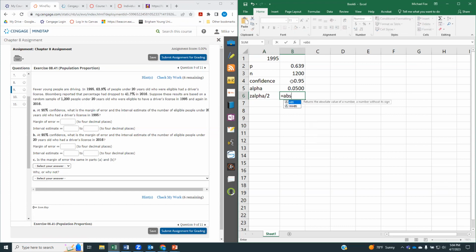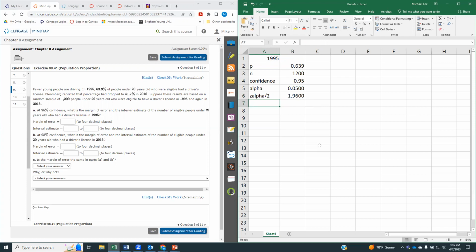So I just do absolute value of norm.s.inv of my alpha divided by 2.